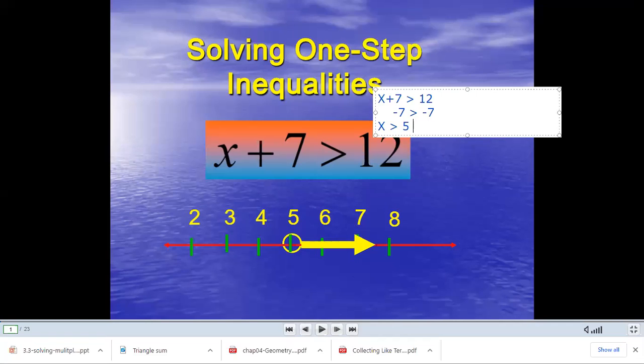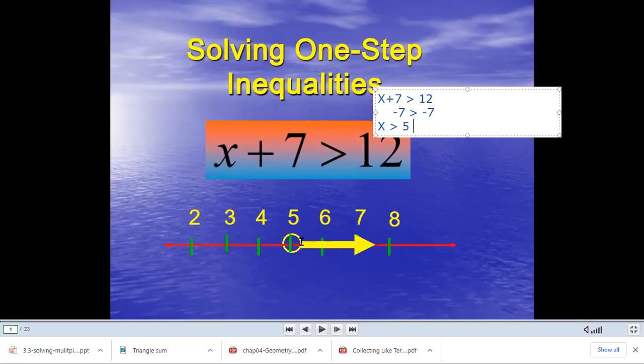The second part is how we represent it graphically. We draw a number line like this, and we stop on 5. Did you see I drew an open circle? An open circle means more than; 5 is not part of our solution.